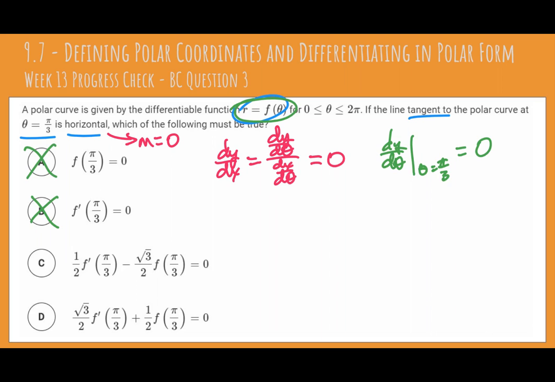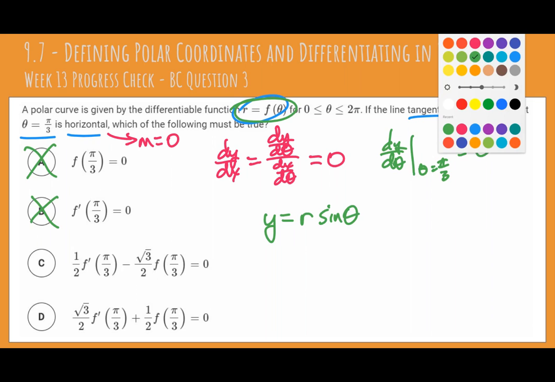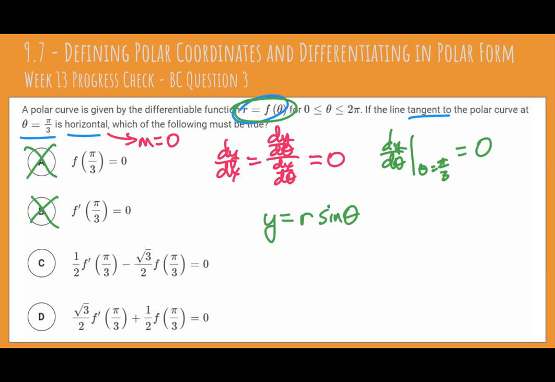So then looking at the other options here, these are not immediately obvious, but what we do know is that y equals r sine of theta. So if we're trying to find dy d theta, this equation here is going to be useful. If we take the derivative of this, let's keep in mind that r is a function and sine of theta is a function.